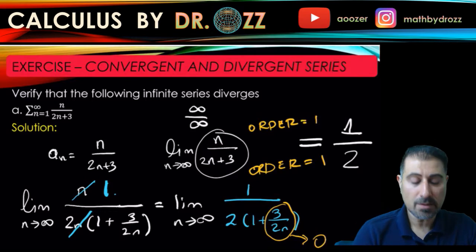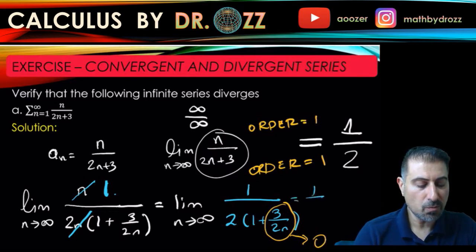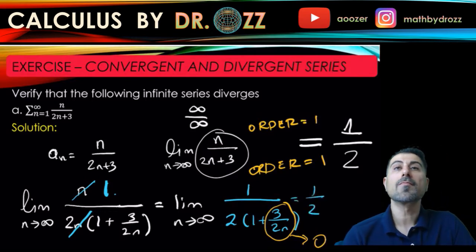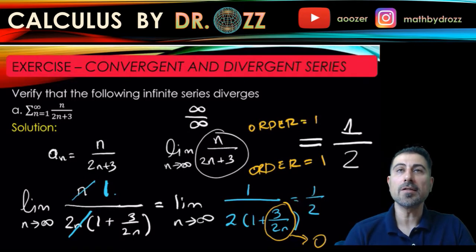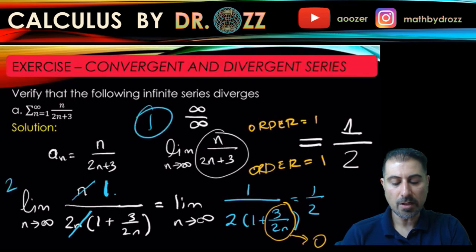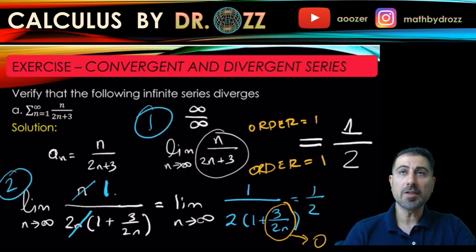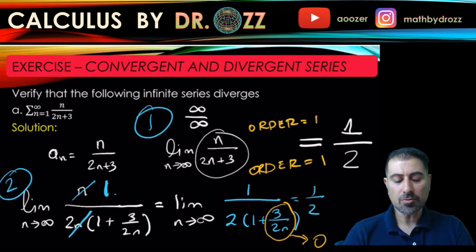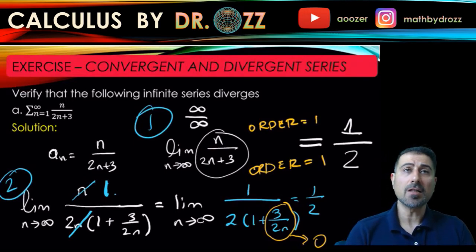So the limit value is 1 over 2. There are two different ways to handle this limit. The first way is just a property that we learned in Calc 1. If you don't remember that, that's fine. Just factor out the highest order term, do the simplification, and pass the limit.